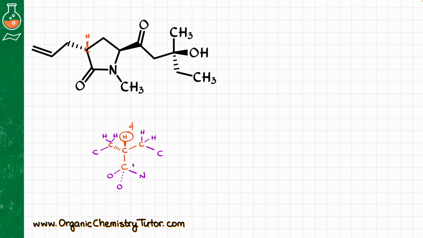Now, my group on the right and my group on the left, they don't have any differences right now, which means that we got to look at the next level and see what those are connected to. So my purple carbon on the right side, which would be this guy in my molecule, that one is connected to a nitrogen, and we have a connection to another carbon, plus of course we have an implicit hydrogen there as well.